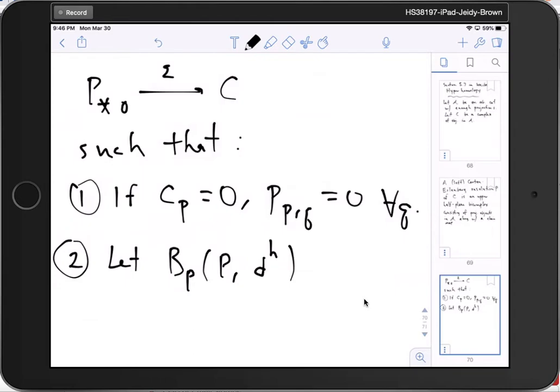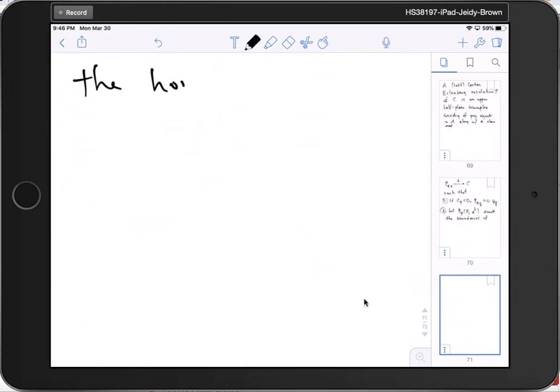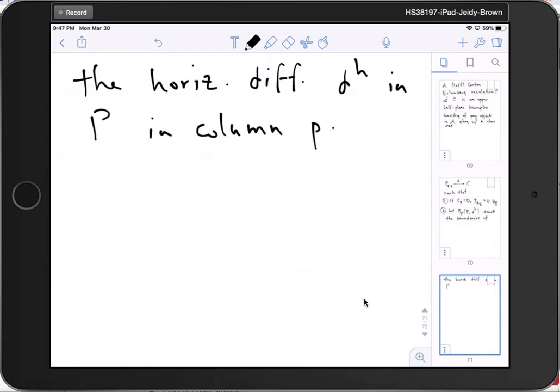So let this denote the boundaries of the horizontal differential d^h in P in column p.